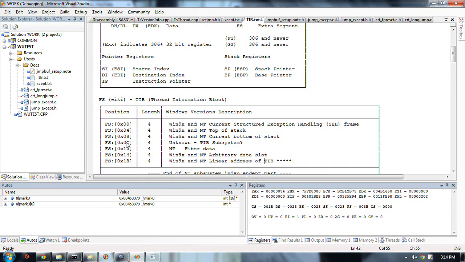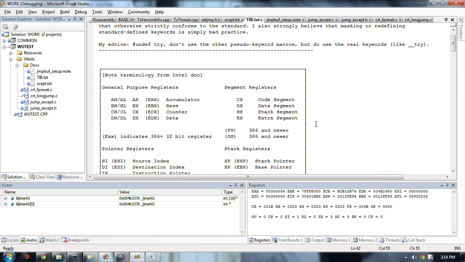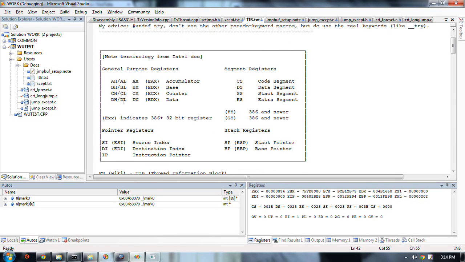The FS data, the stuff that goes in here, is different for different threads. So each thread gets its own exception chain and whatnot. But anyway, we're not anywhere near that.